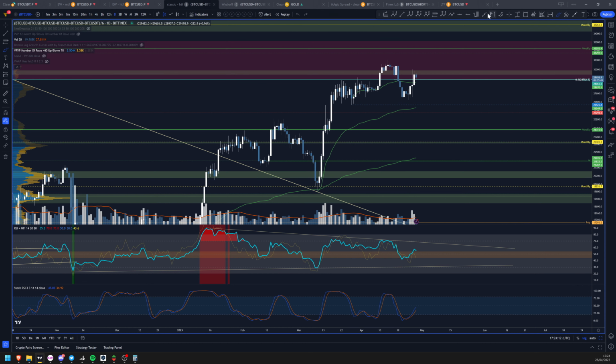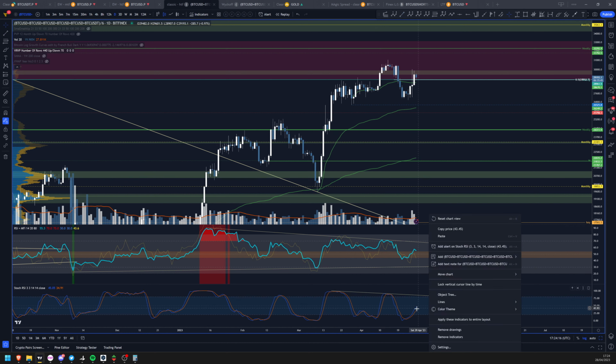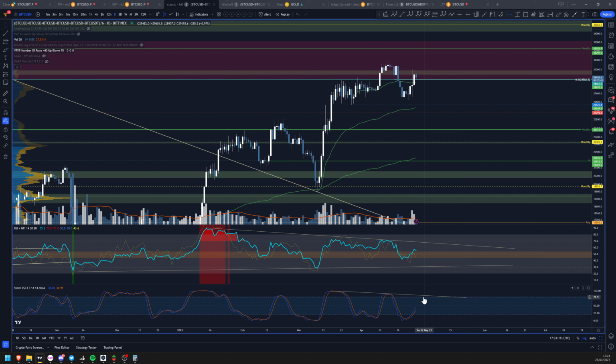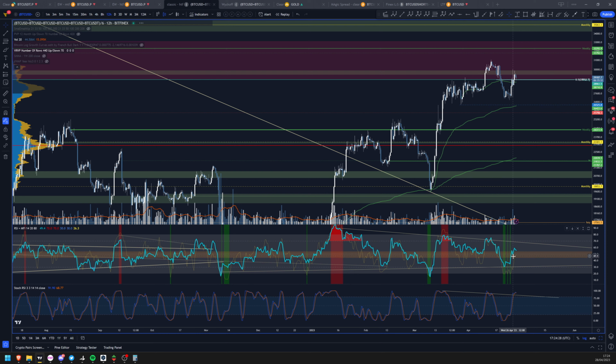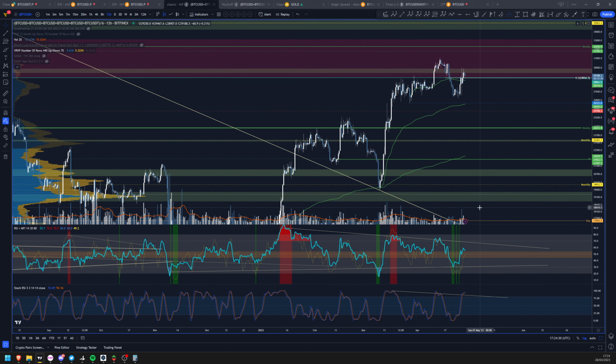It can make a lower high. The 12-hour is getting overbought.